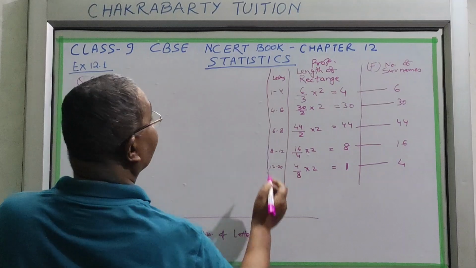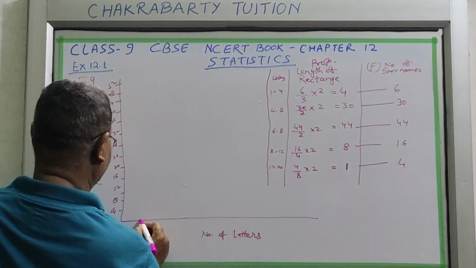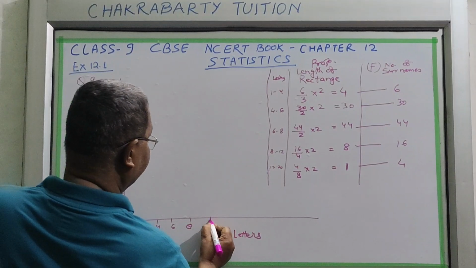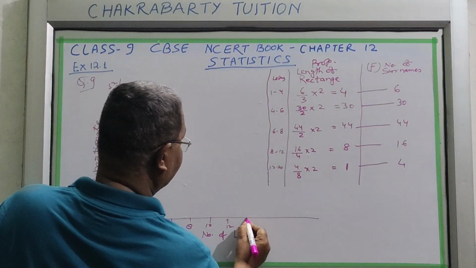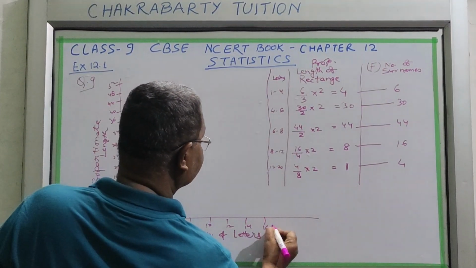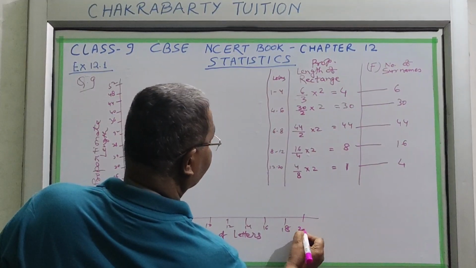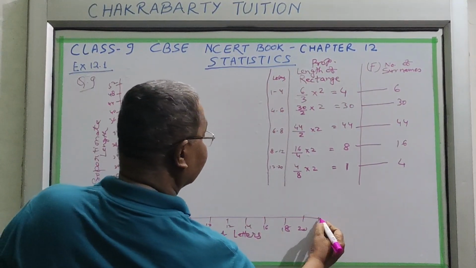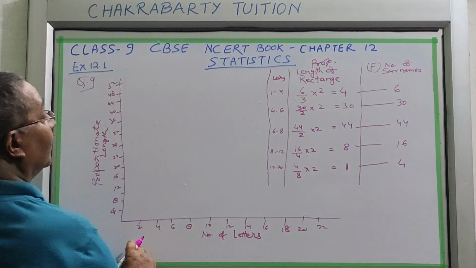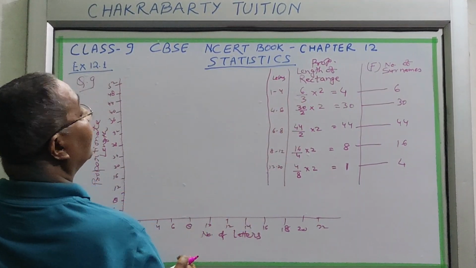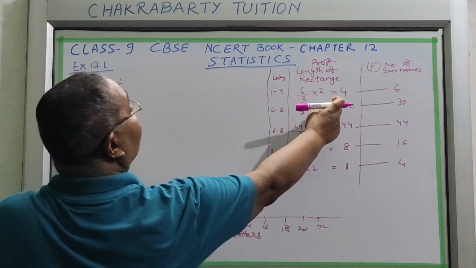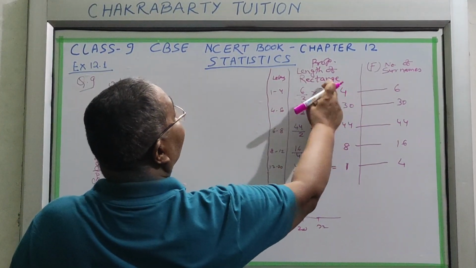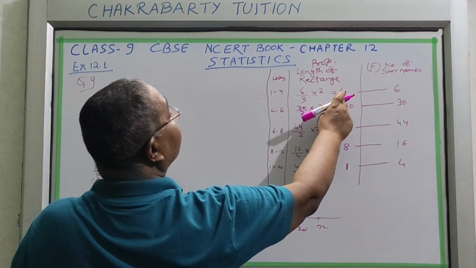Here the number of letters we can mark as 2, 4, 6, 8, 10, 12, 14, 16, 18, 20 and 22. So first is our 1 to 4. Now it is 4, now it is 6, but the length of the rectangle will be this much.